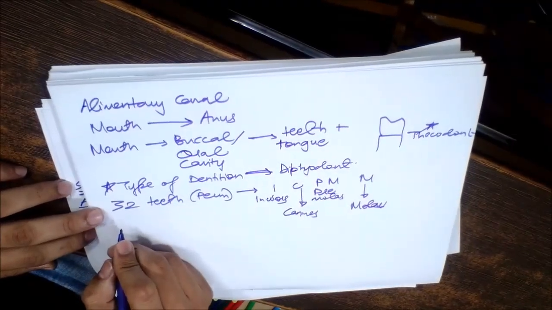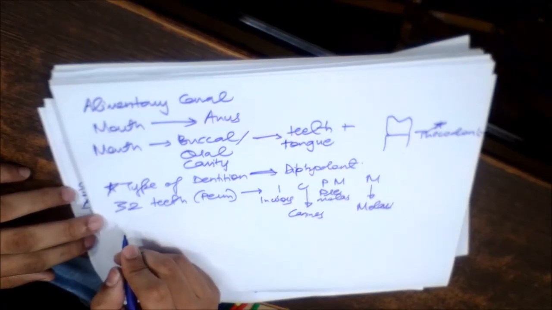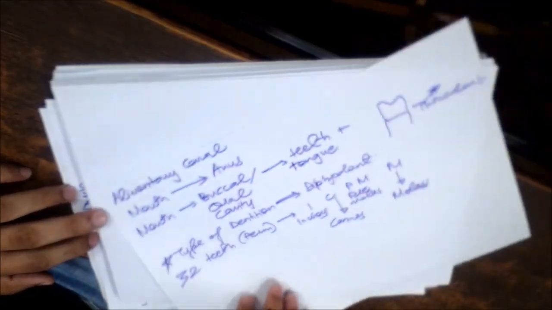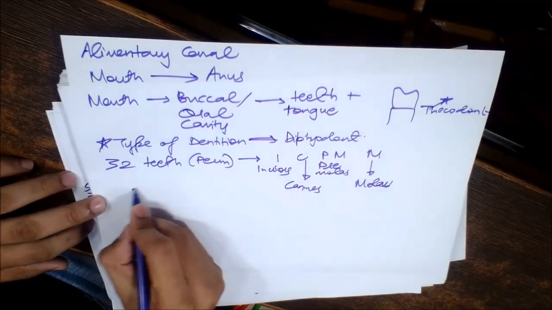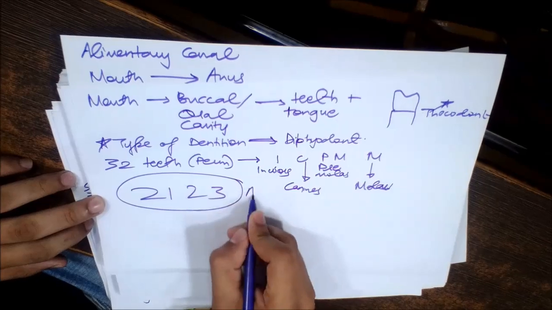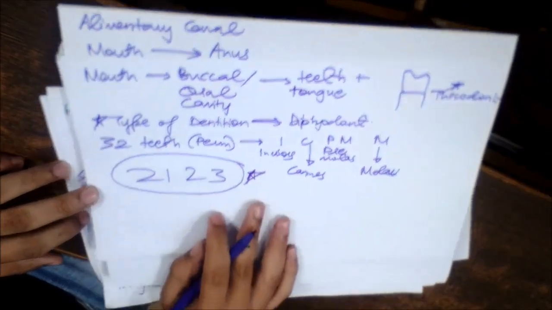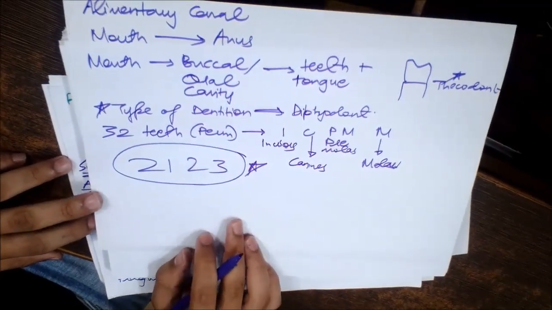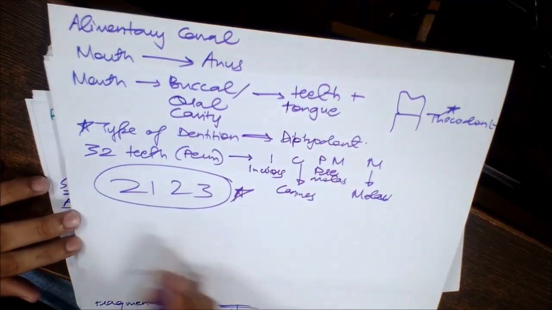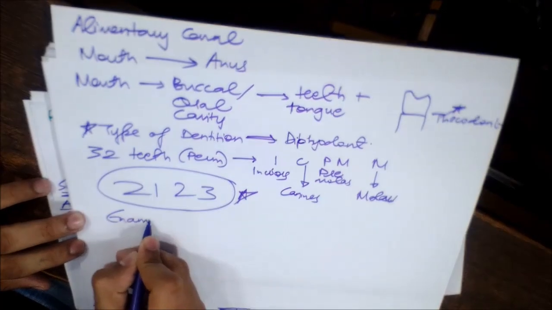They show a specific arrangement in each half of the upper and lower jaw in the order of I, C, PM and M, and their numbers can be remembered by the dental formula which says 2, 1, 2, 3, which is very important. The hard chewing surface of the teeth is made up of enamel, which is a component of teeth.